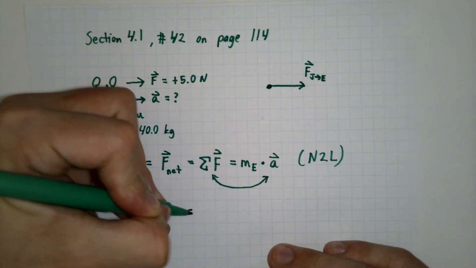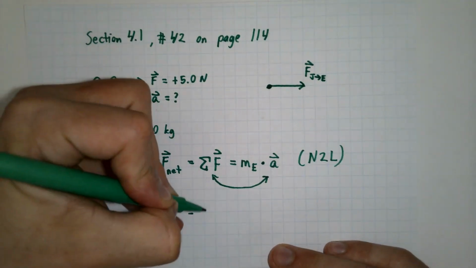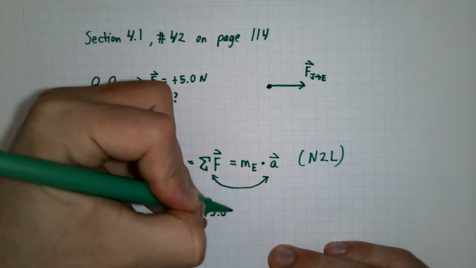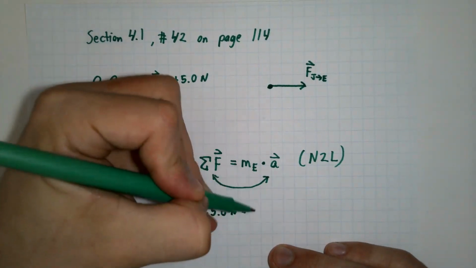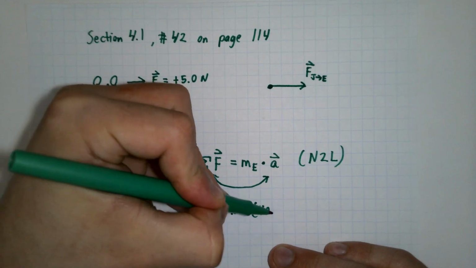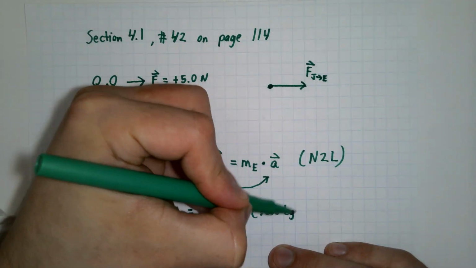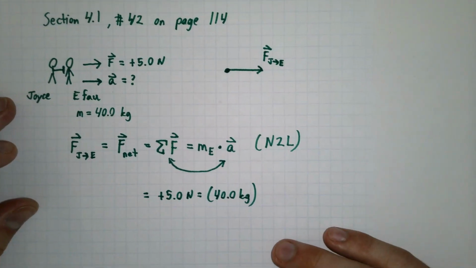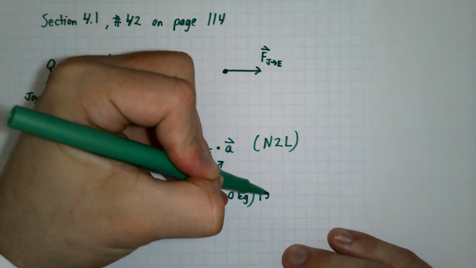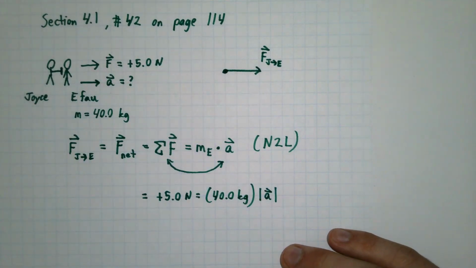All right. Well, if the net force is that of positive 5 newtons, and the mass of Ifao is 40.0 kilograms, this helps us find what the acceleration would be, at least the magnitude of the acceleration.